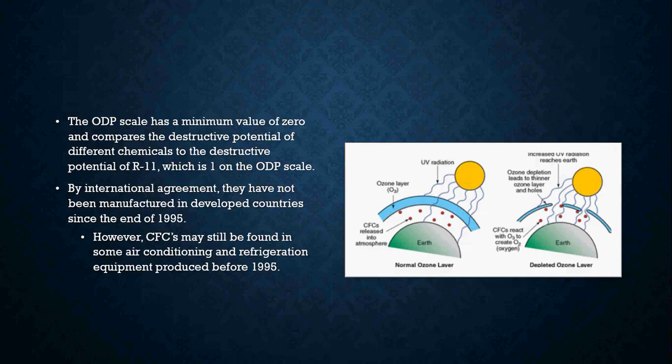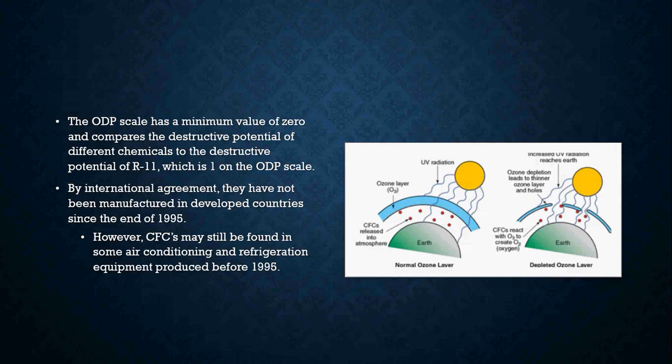By international agreement, they must not have been manufactured in developed countries since the end of 1995. That international agreement was called the Montreal Protocol. It was that agreement that said, hey, we are no longer going to manufacture these types of refrigerants.